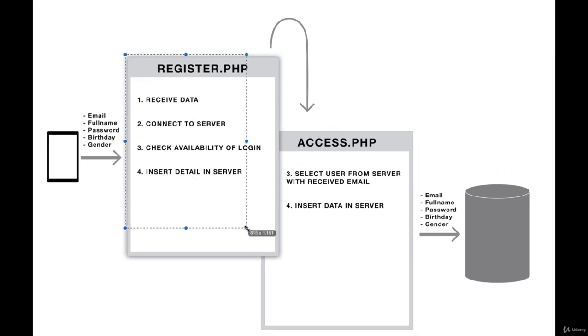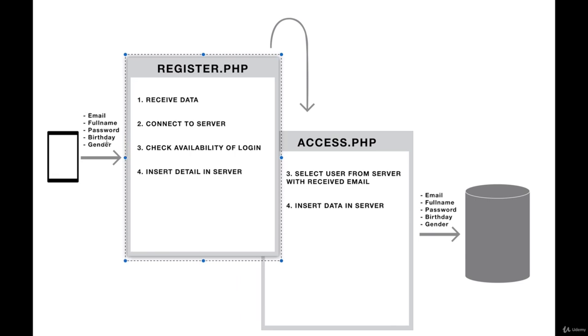So how does it work? Register.php executes the logic of the work. For example, we send the details, email, full name, password, to register.php. Then we connect to the server through access.php. Then register.php will check if the email is available, meaning nobody has already registered this email.